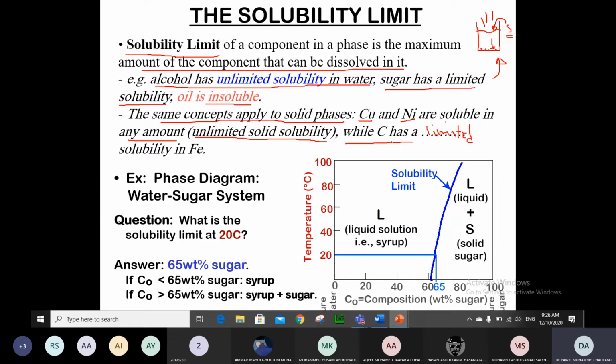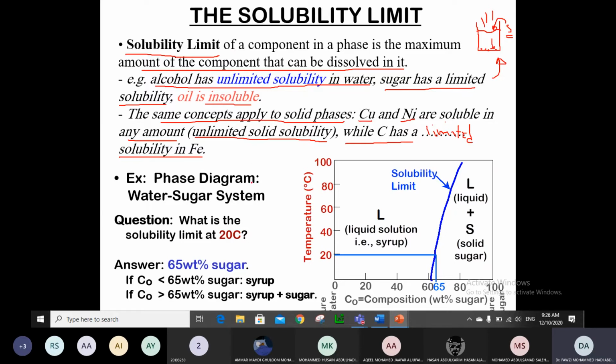Because as we add carbon to the iron, after a small amount of addition of carbon, the phase is going to change in the material. It produces different phases in the material with the addition of the carbon. So this is what we refer to as the solubility limit.